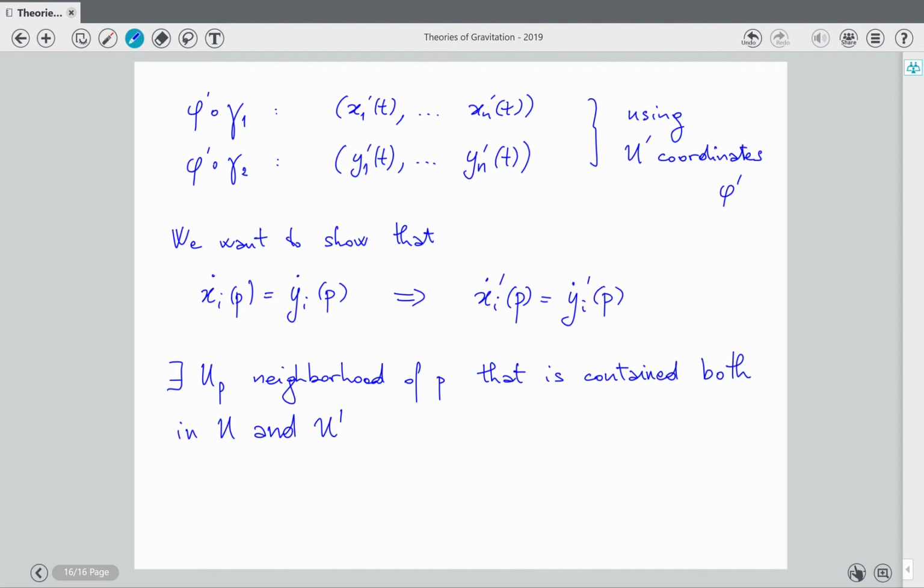So there we can use both coordinates, and so we can compose the maps to go from one to the other. There we can use both coordinate systems.